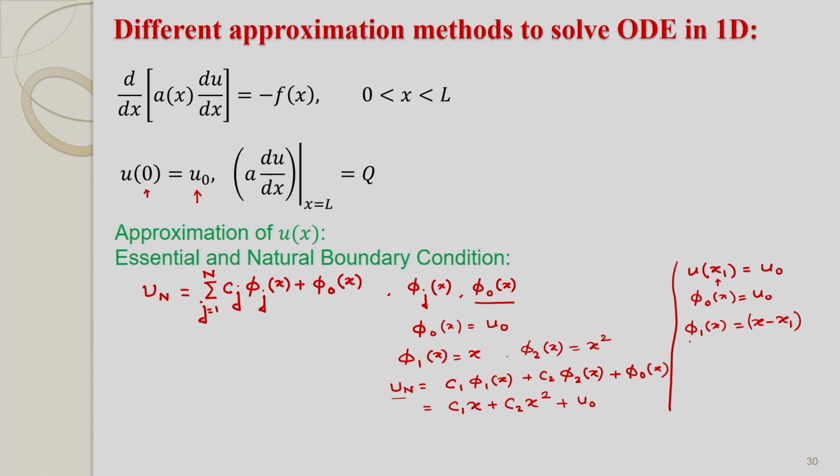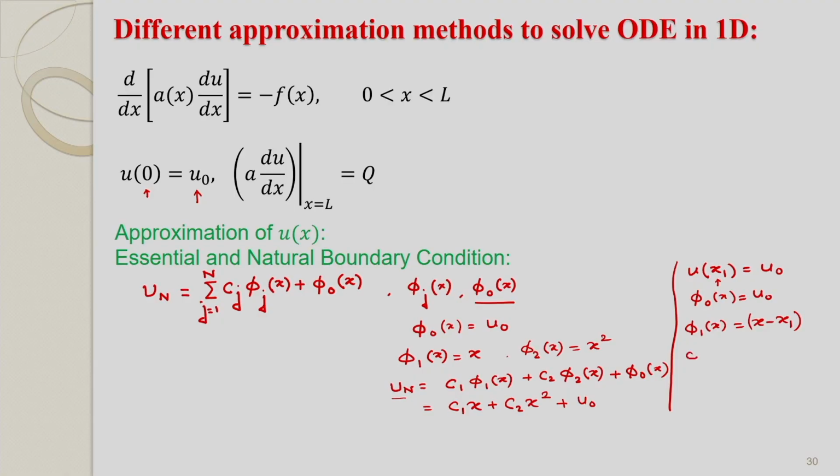So, phi 1 is such that it is 0 at that boundary condition point x1. Phi 2 x should be, this is one possible choice, x minus x1 square.